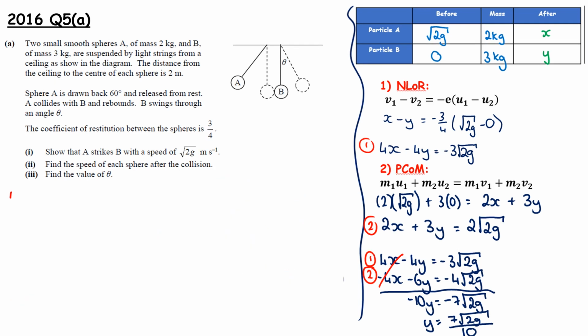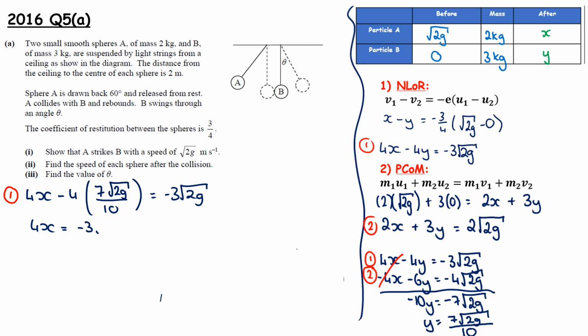I'm going to take equation 1, and that's 4x minus 4 times 7 root 2g all over 10 is equal to minus 3 root 2g. That's 4x equals minus 3 root 2g plus 14 root 2g over 5.